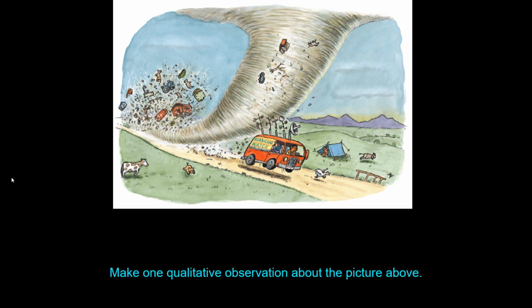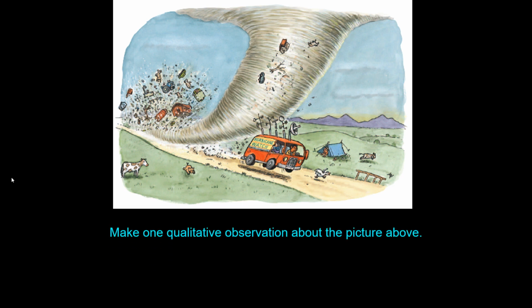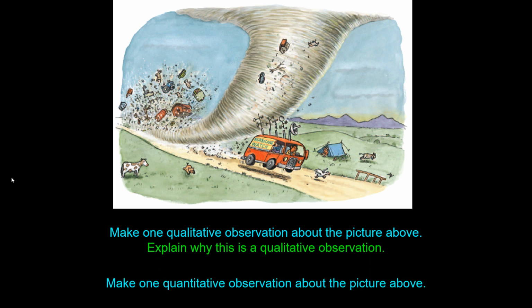All right. Kind of same thing here. What would be one qualitative observation about this picture? There's a tornado. My first thought is the guys in the van are about to die. And then I would say the guy in the tent's probably not in the safest place either. So looking at the qualities again, just what things can you immediately observe without changing it, and then going down to quantities.